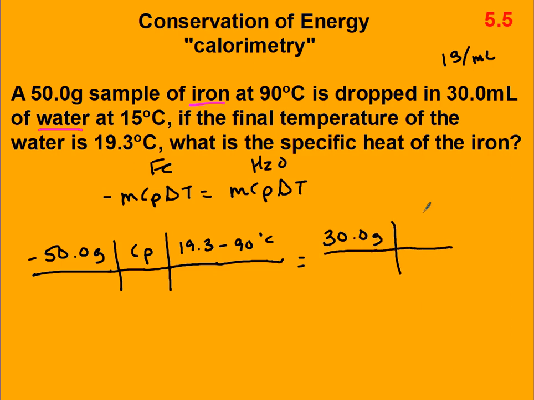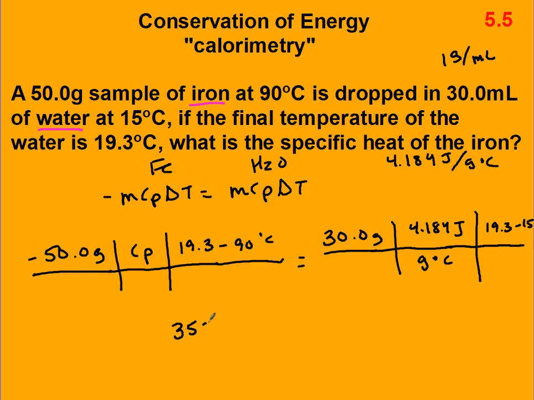My CP of water should be given. So that's not something that you would need to know for the test. So 4.184 joules per gram degree Celsius, and sometimes they also just say 4.18. And then my change in temperature, 19.3 minus 15. Simplifying that down, I have a negative, and this is also going to be a negative, so those cancel out.